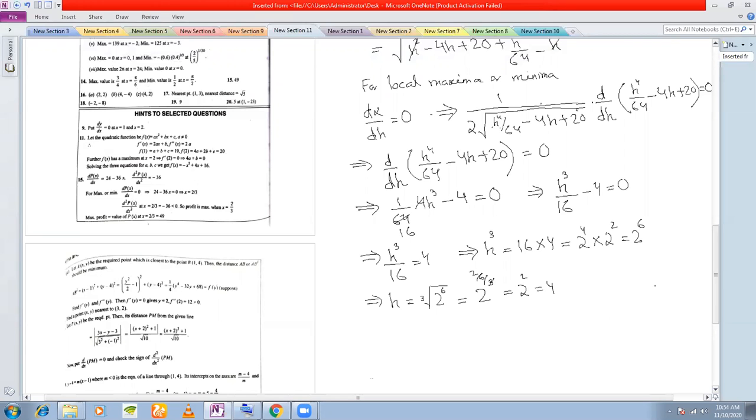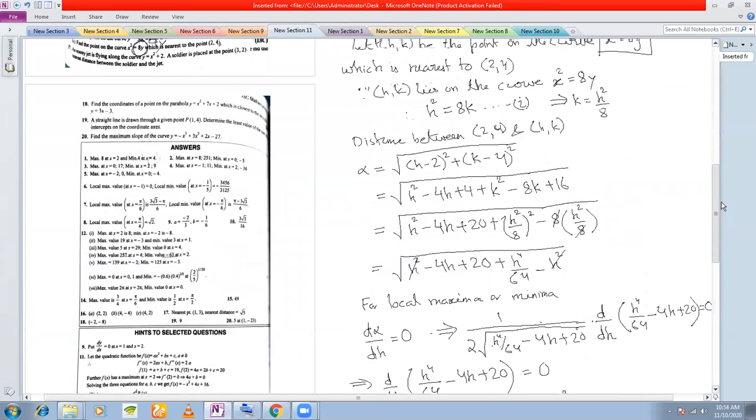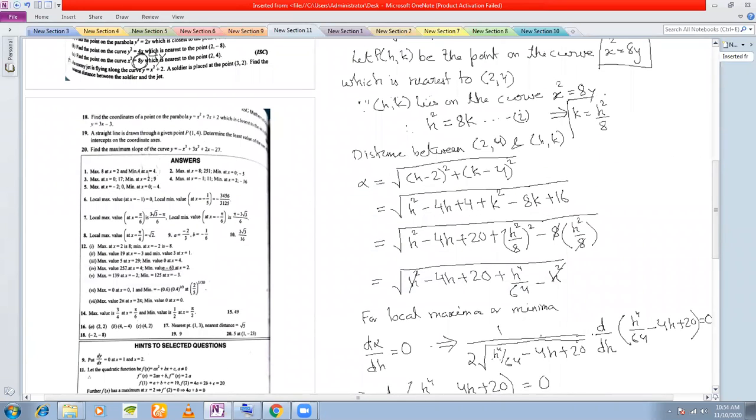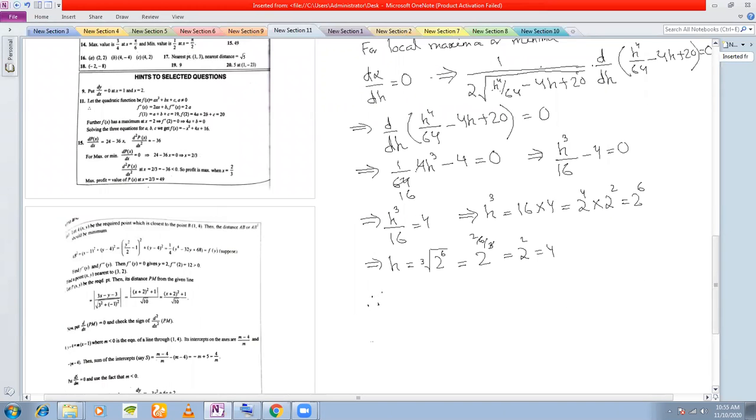Now what should be the value of k? What is k here? k is h square by 8. Therefore, k is equal to h square by 8. Now what is the value of h? 4 square by 8, which is 4 into 4 by 8. So you're getting k is equal to 2.